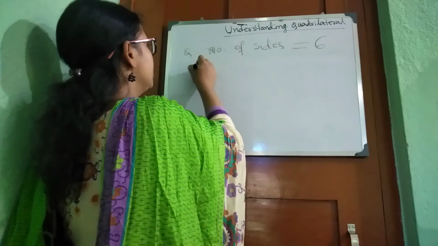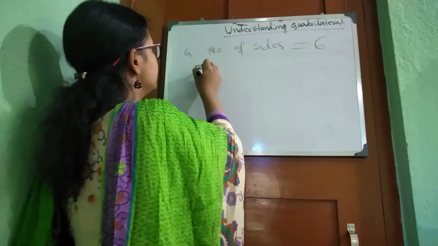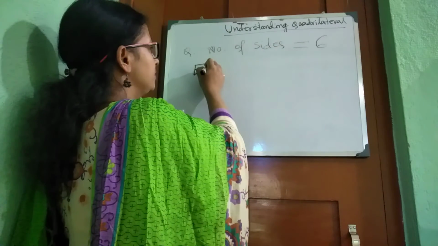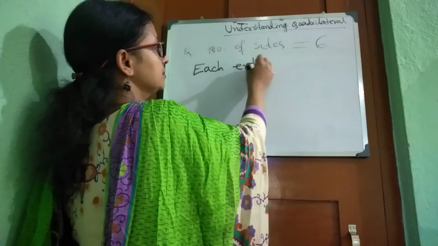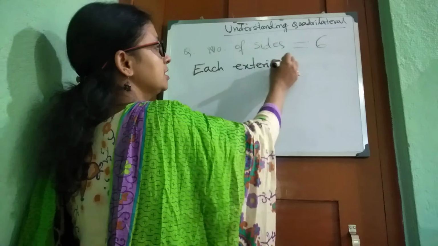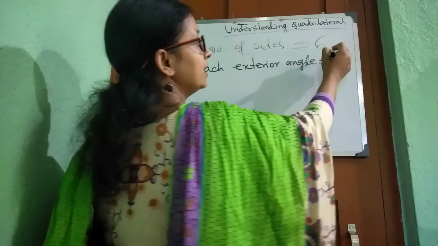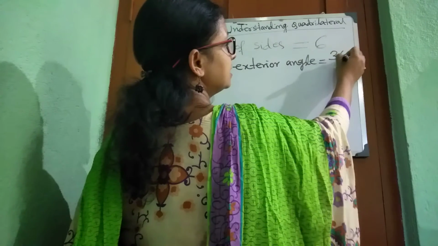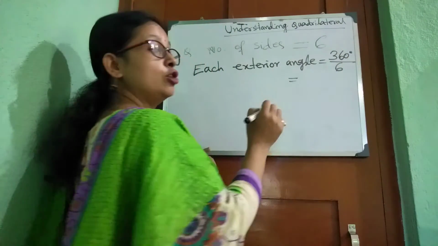So how much will each exterior angle be? If you divide the total exterior angle by the number of sides, you will get the value of each exterior angle.